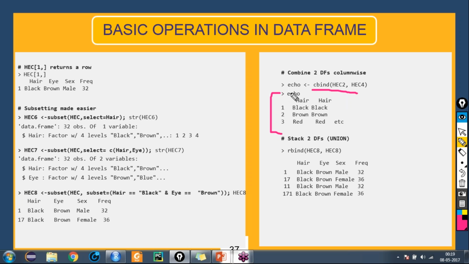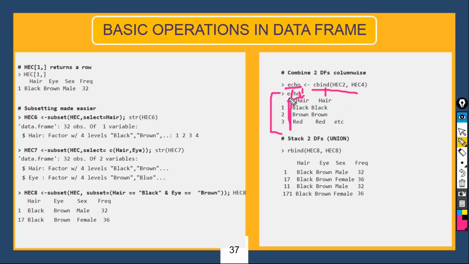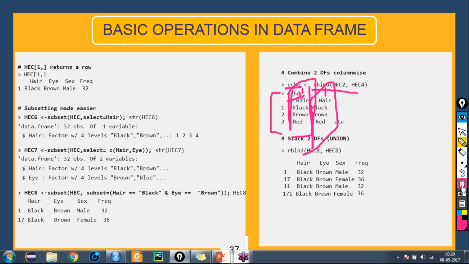So when we say echo, which is a variable here, it will display the columns of hex 2 and hex 4 here, right? You can see here and here, because both the data frames have the same values, and that's why it is showing here the same elements and here the same elements, right? If you remember, we have stored the same values in hex 2 as well as hex 4, right?